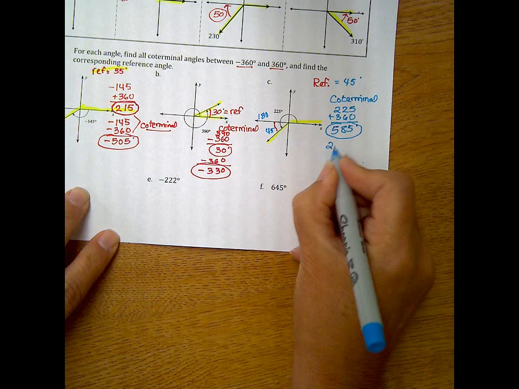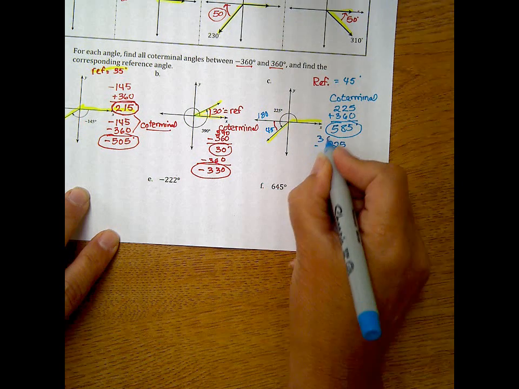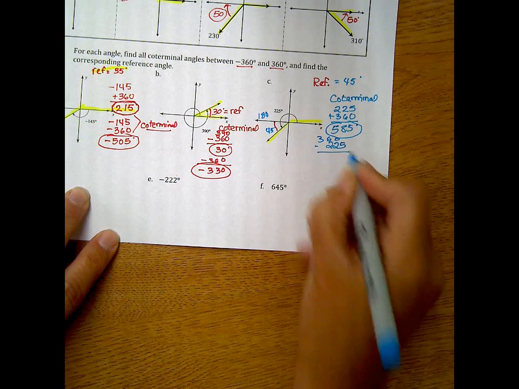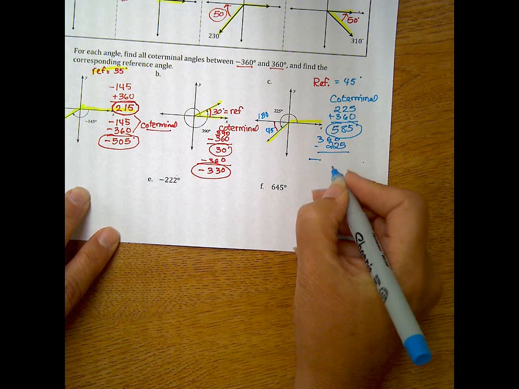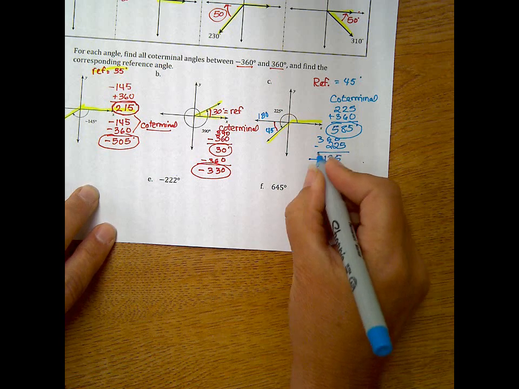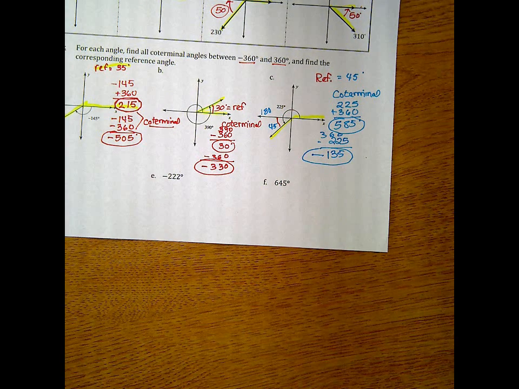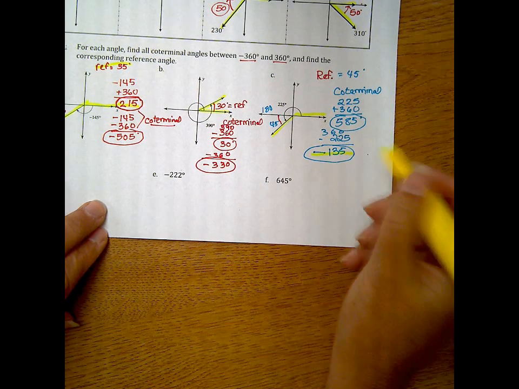So I'm going to try to subtract 360, which of course I'm going to subtract this way and make it negative. So it's going to be negative 360, negative 135. So this is going to be the one that works, a coterminal angle of negative 135, reference angle of 45.